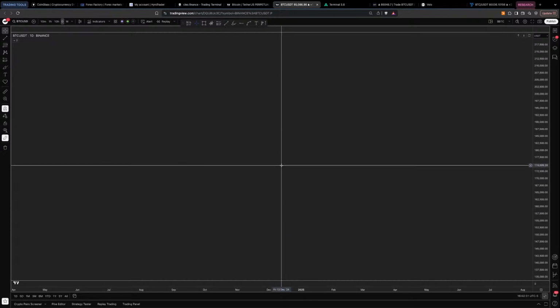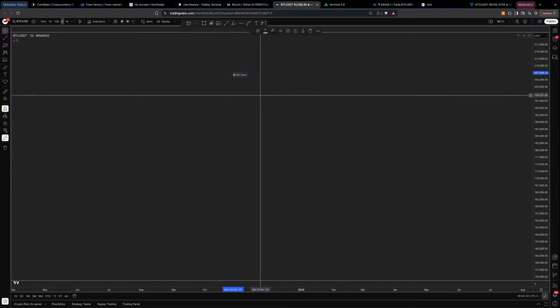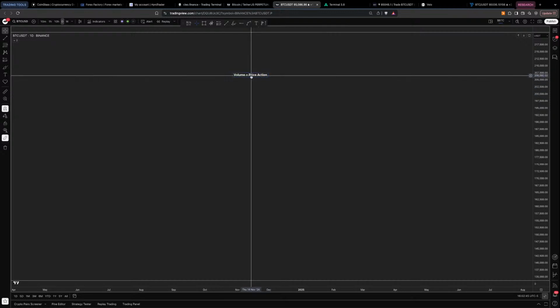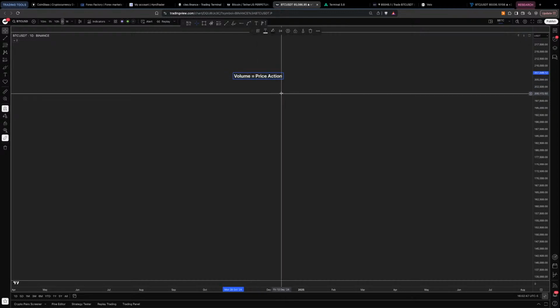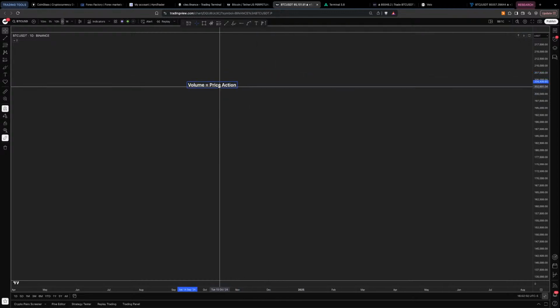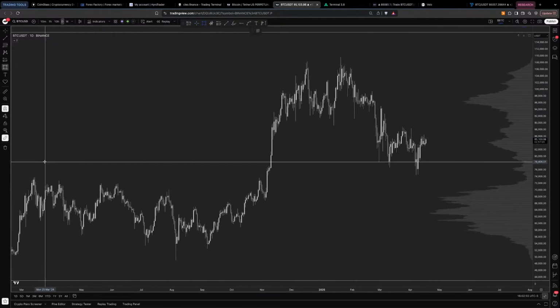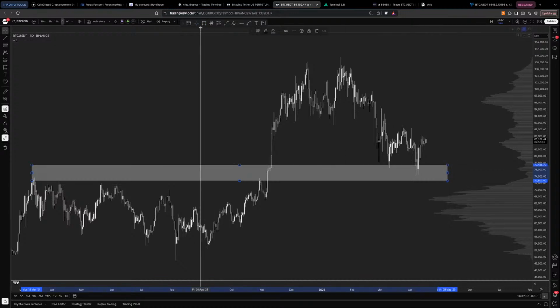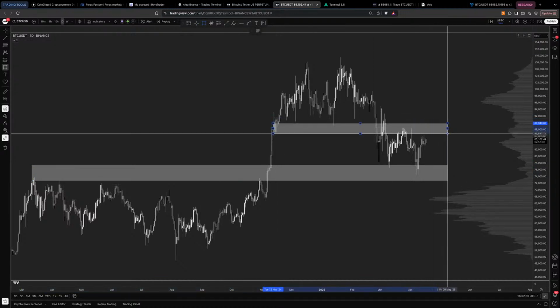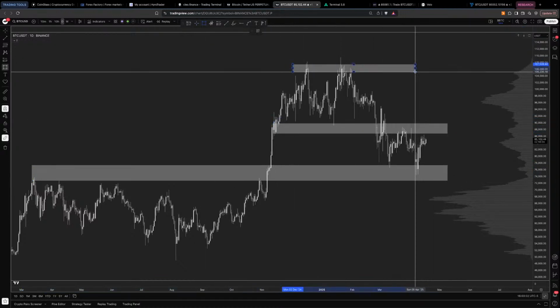The first thing we need to understand in order to find the volume levels is that volume needs to be directly correlated with price action. Okay, that's the most important thing to understand. We are not going to go and see like, okay, we have a resistance here, we have another resistance over here, and so on, right?